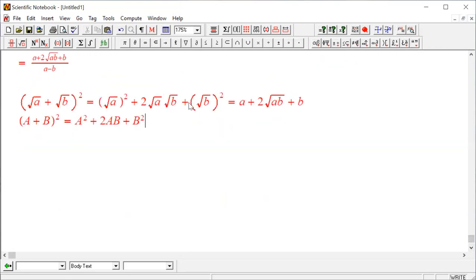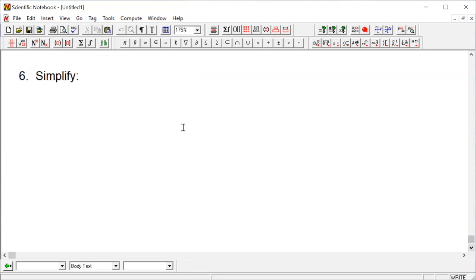The next topic I want to take you to is number 6 in the homework, which is simplifying. I picked these questions from a pre-algebra textbook. I thought they are pretty good for us to review some of the properties we have learned, for example, in terms of power.